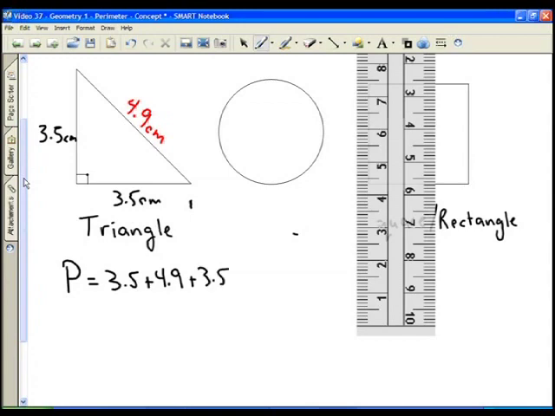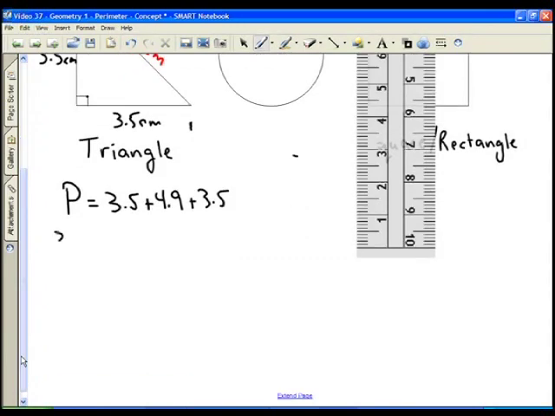And so we can add those: 3.5, 3.5, and 4.9. Now 5 and 5 is 10, 19. We'll carry the 1, 4, 7, 10, 11. So the perimeter of this object is about 11.9 centimeters. And we are measuring, so there's going to be perhaps a little bit of error there, as there is with any measurement.